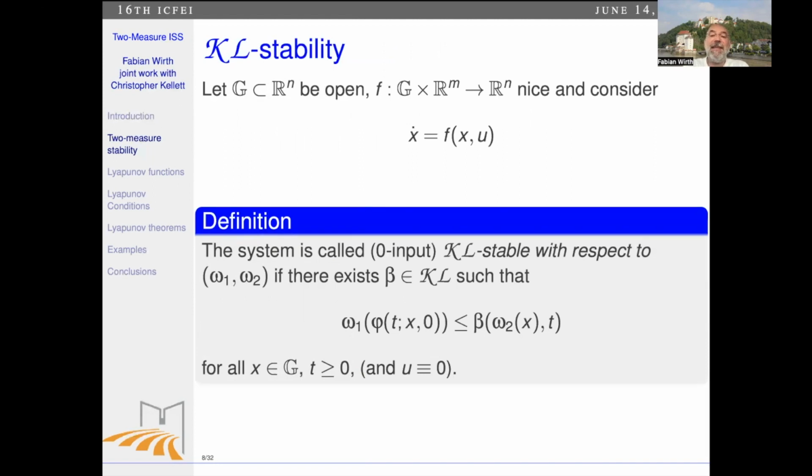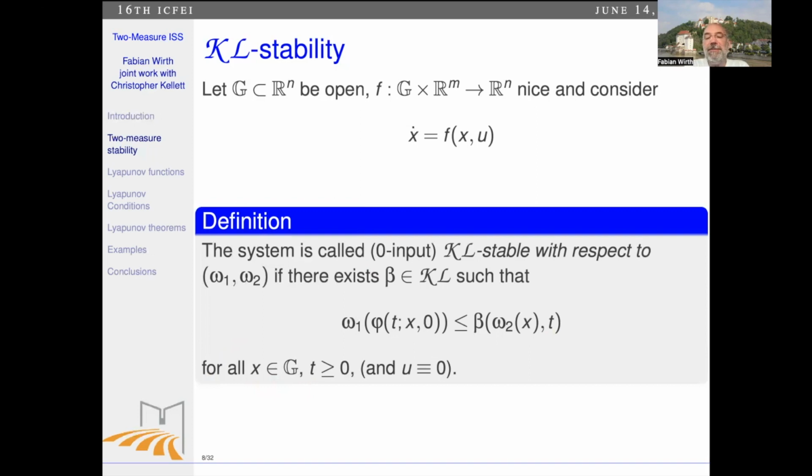And that means that there is a KL function with the property that, okay, so you measure the size, if you want, of the trajectory at time t, and that should be bounded by a KL function, but then here the other measurement function appears, omega-2 of x at time t, and that should be true for all initial conditions and all positive times.